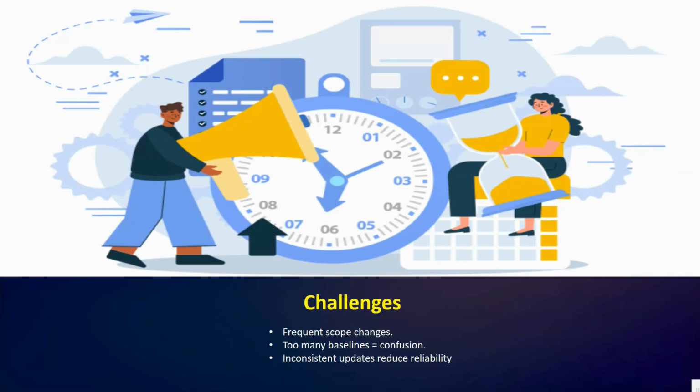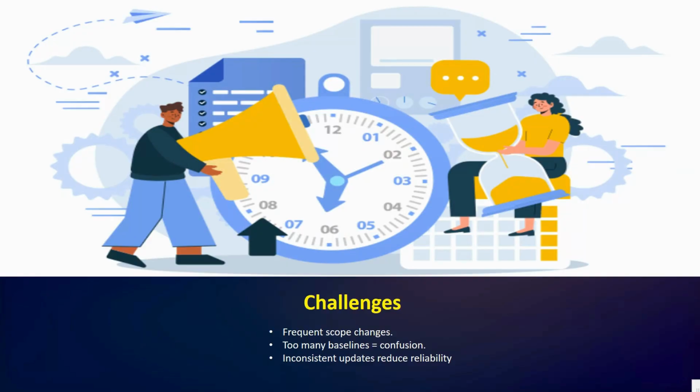One common issue is frequent scope change, which makes it difficult to maintain a consistent reference point. Another challenge is having too many baselines, which can lead to confusion over which one should be used for analysis or reporting.